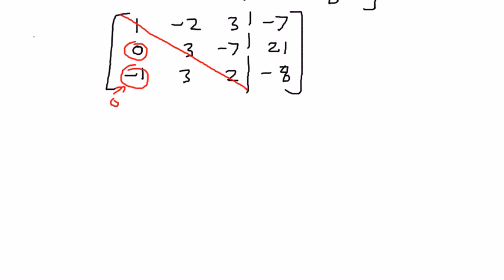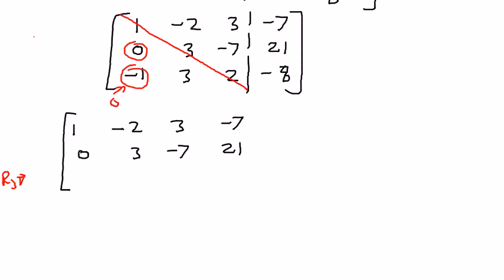So let us continue these row operations. We have 1, -2, 3, -7, then 0, 3, -7, 21, and the new R3 is going to be equal to R1 plus R3. If we add R1 plus R3, we can make that location equal to 0.